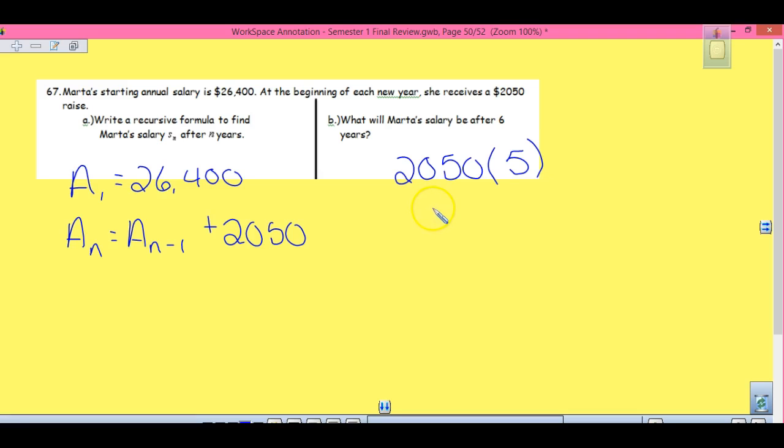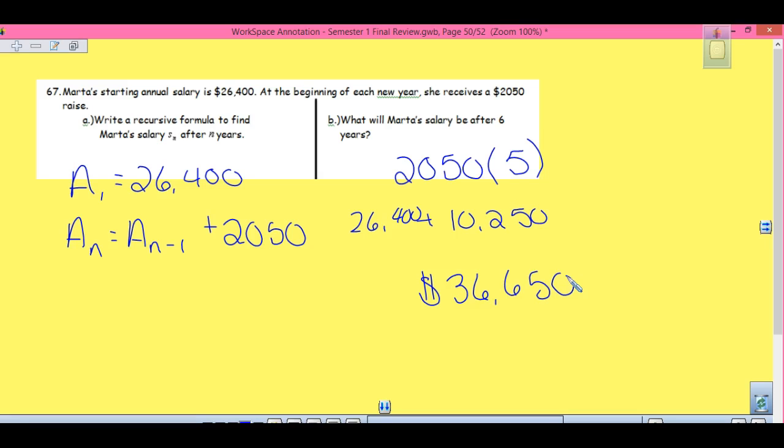What do we get here? $10,250 plus, what do we have to add that on to? Her starting salary, which is $26,400, and how much is she making? $36,650.